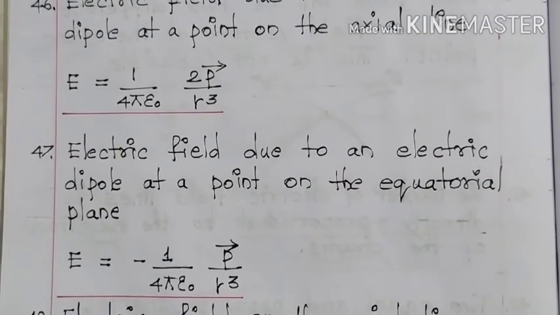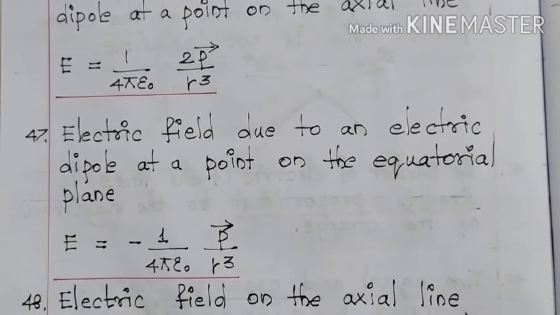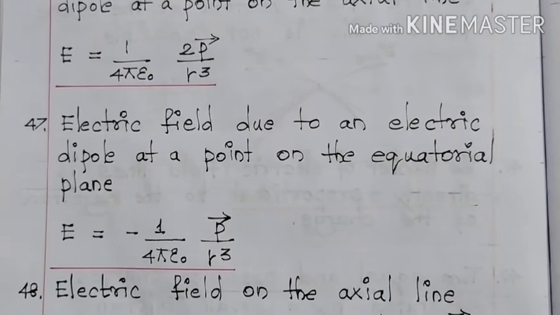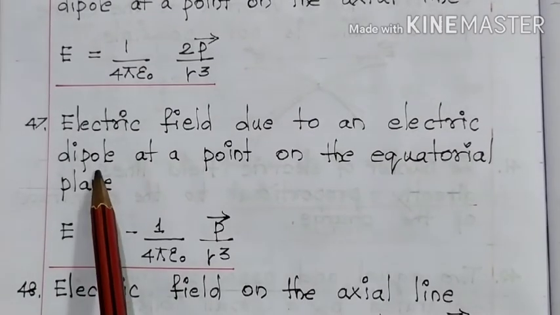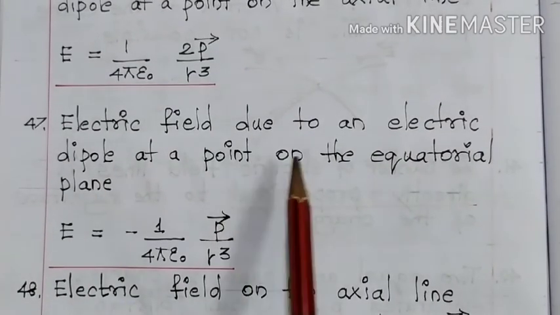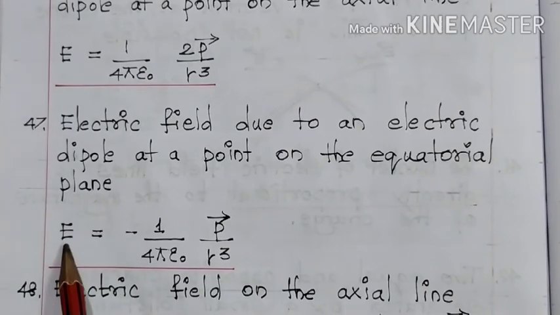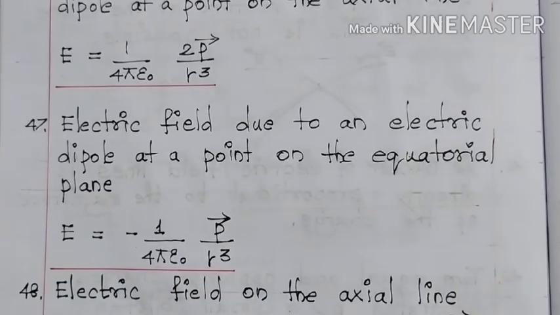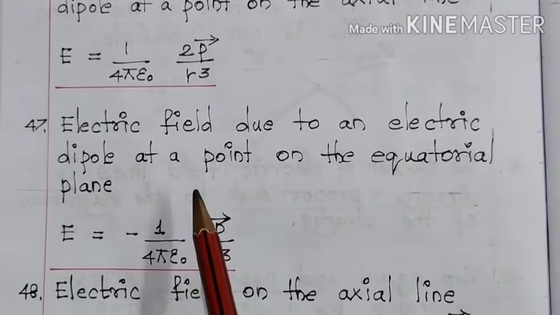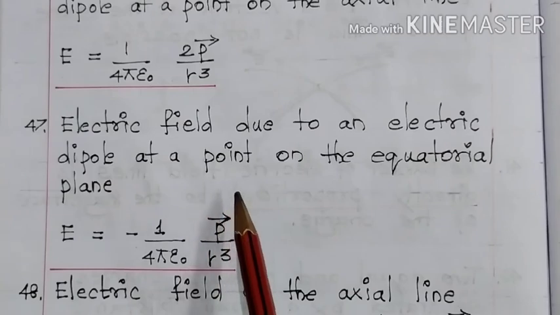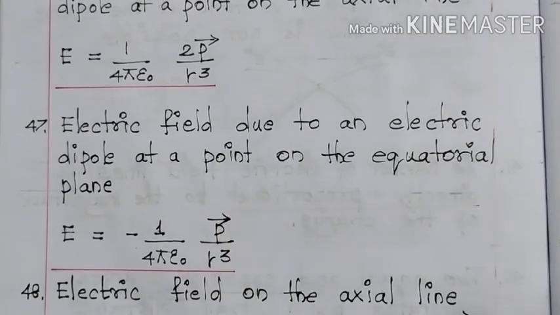Then the next one is electric field due to an electric dipole at a point on the equatorial plane. That is capital E is equal to minus 1 by 4 pi epsilon naught p vector by r cube. This also is a long derivation that we will be learning later.